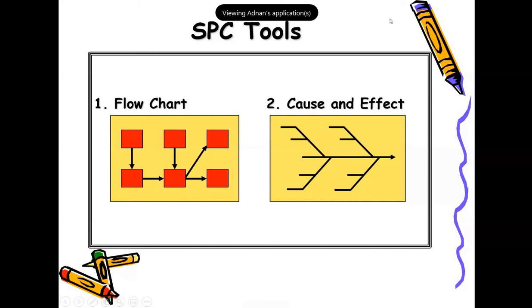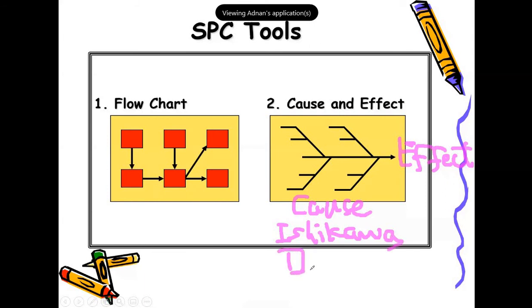What we use here is we try to see what the causes are and what the effects are. The shape looks like a fishbone, and sometimes it's also called the Ishikawa diagram. Why? Because Ishikawa is Japanese. He introduced this diagram.